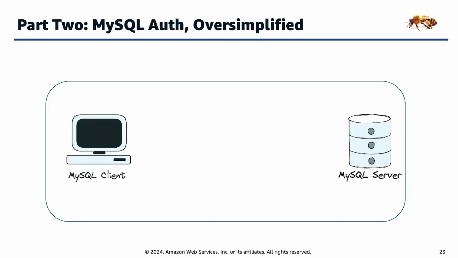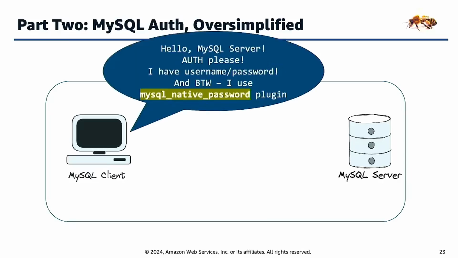So here's how the MySQL protocol works. We have a MySQL client and a MySQL server. And the MySQL client connects to the server and says, hello, MySQL server. Authentication, please. I have a username and password. And by the way, I will use the MySQL native plugin.